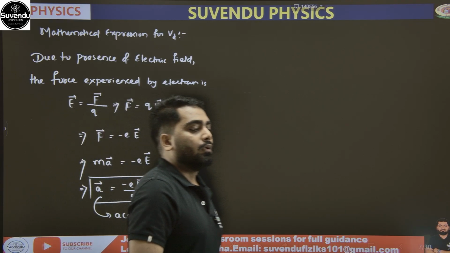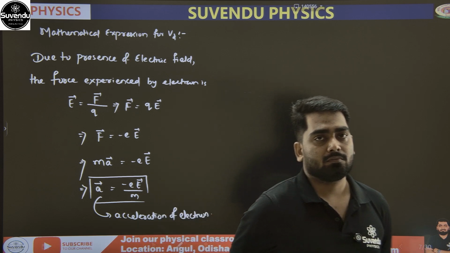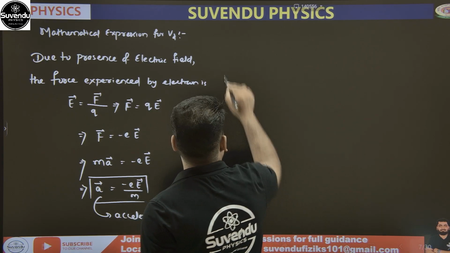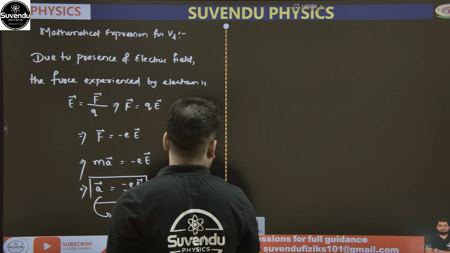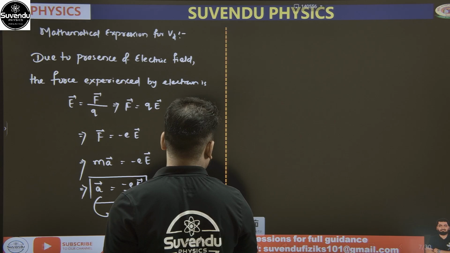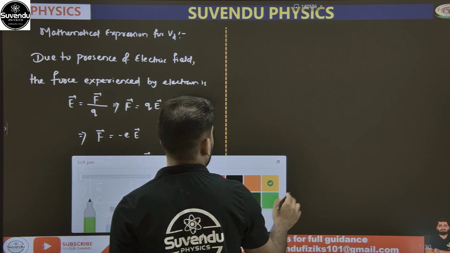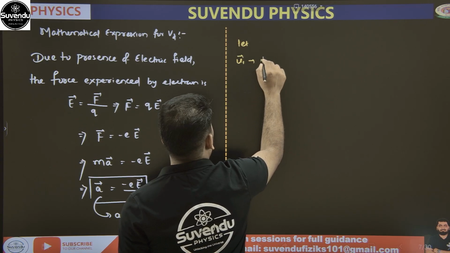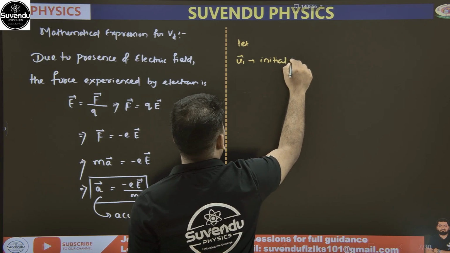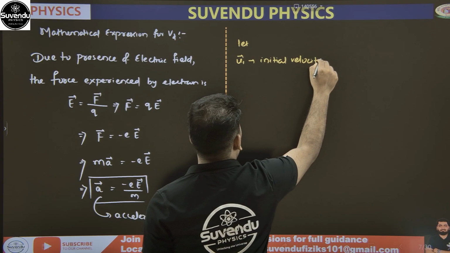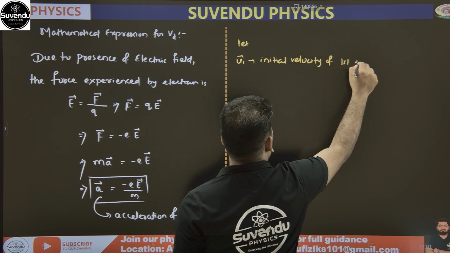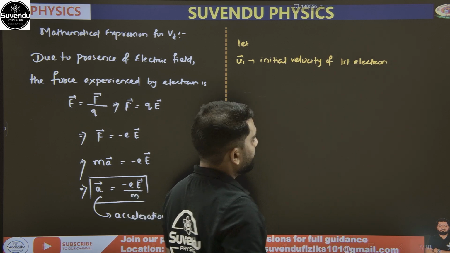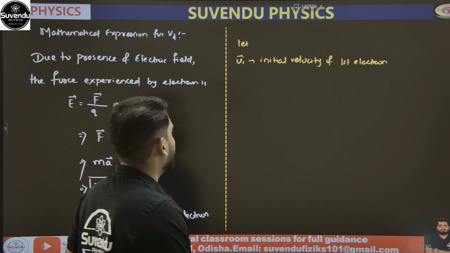Let U1 vector be the initial velocity of the first electron. We have to consider this also for the mathematical derivation. Let there be capital N number of electrons.